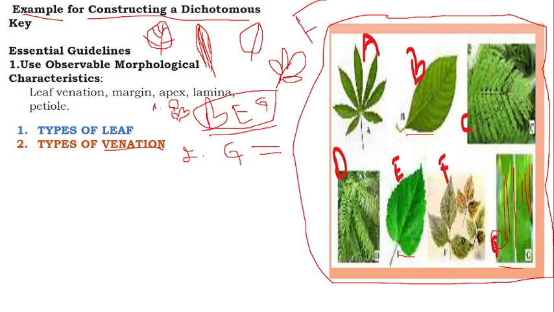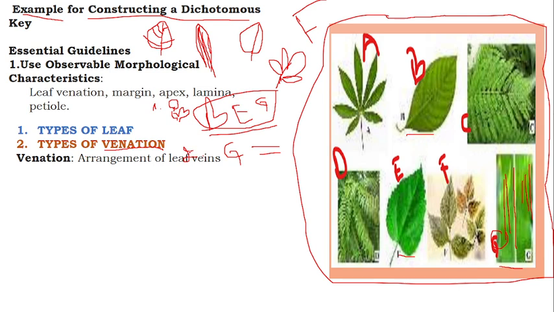You have seen how I identified G. On point number 1, simple rift or compound rift, simple rift, I'm not able to distinguish the compound rifts. I said go to 2. Now on 2, venation is the arrangement of the veins in the rift. There is either parallel venation or reticulate venation.